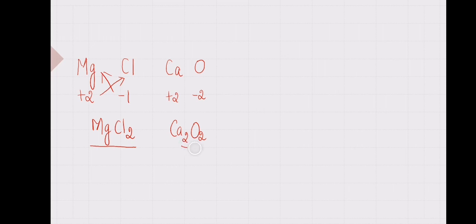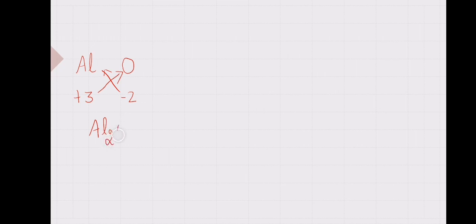Since both the subscripts are the same, when we simplify, we get CaO. So, when the valency of both the elements is numerically equal, the subscripts are not written. Instead of writing Ca2O2, the formula for calcium oxide is CaO.